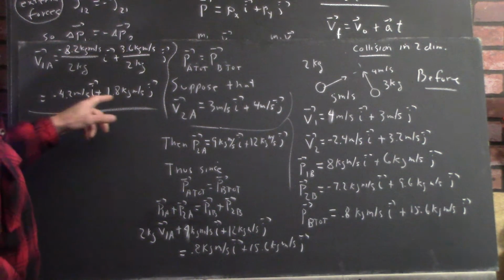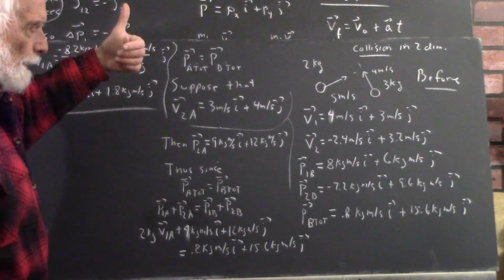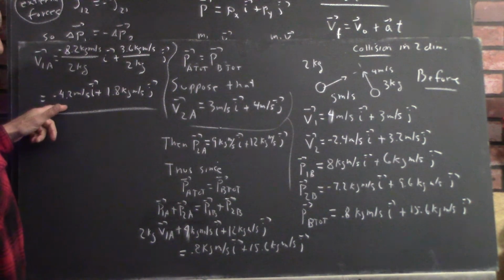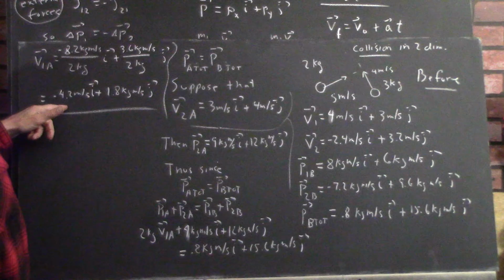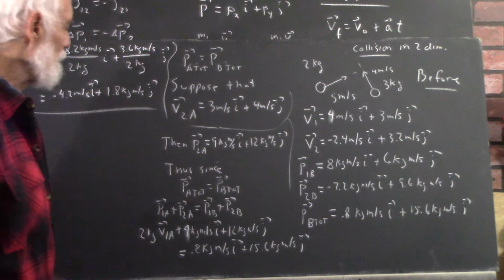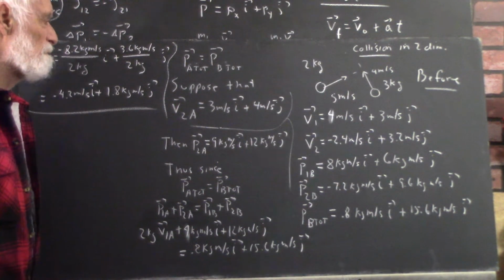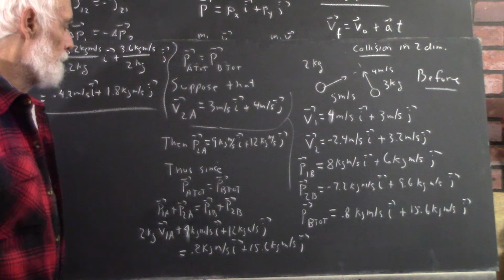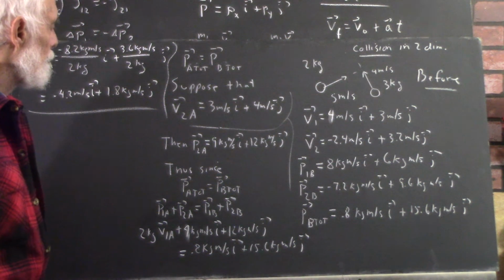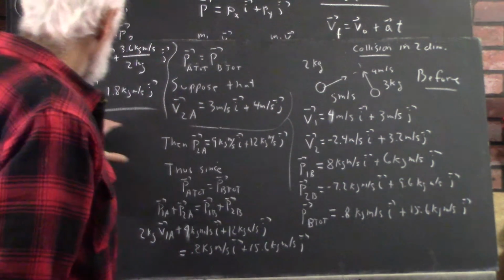I'm thinking this could be okay because you got a lot of momentum in this direction from that ball, not as much from this one. But I don't think this is going to rebound that quickly. So I've got some kind of a bug here. I'm not going to worry about it. You might want to work it through yourself, see what's wrong. The point, though, is just writing all this out with I and J components works out just fine.